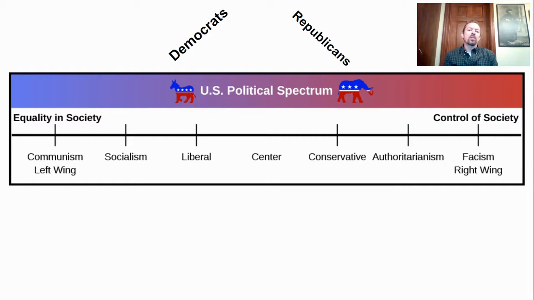And the purpose of political parties is you are kind of coming together, you're joining together with people who have similar ideas as you do, and your purpose is to get somebody elected to the government who's going to carry out your ideas. So if someone identifies themselves as a Democrat, it means that they share a lot of ideas in common about how the government should be run with other Democrats.